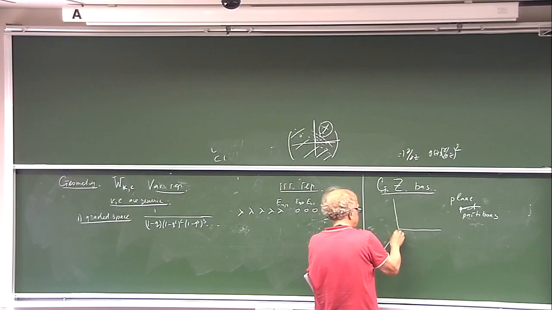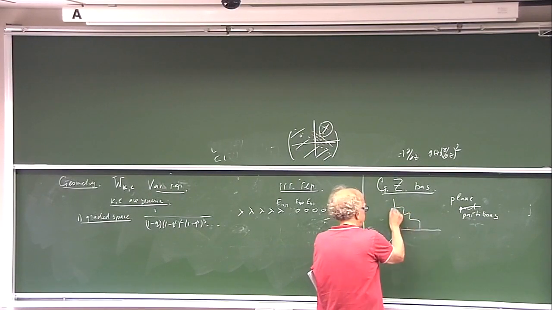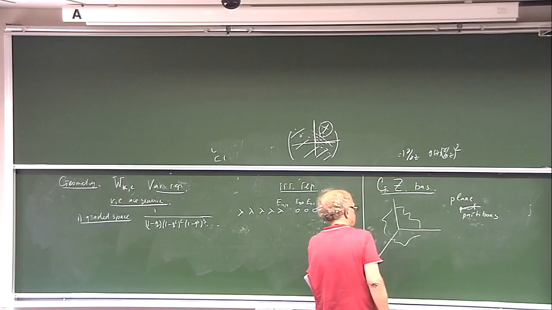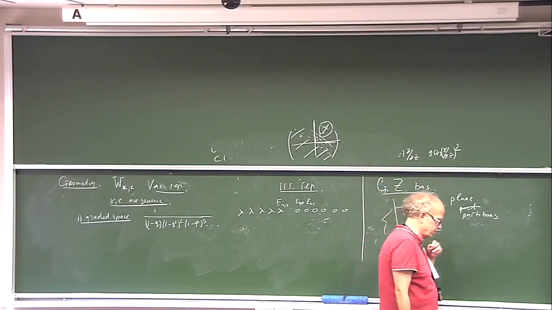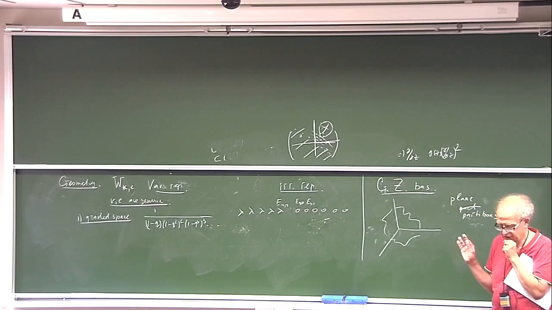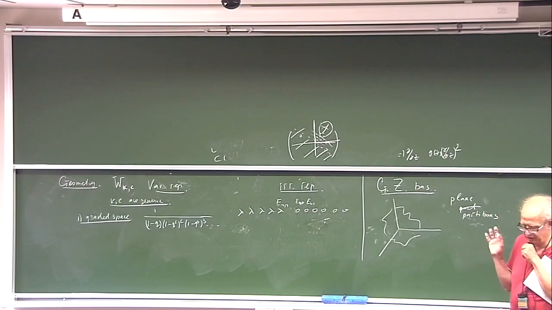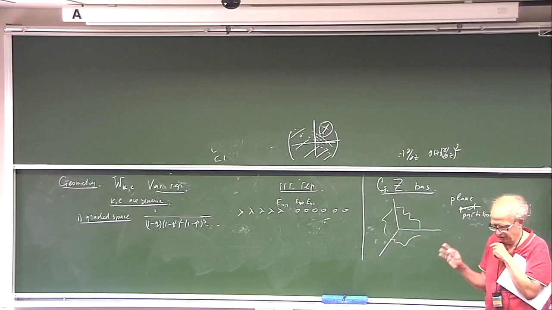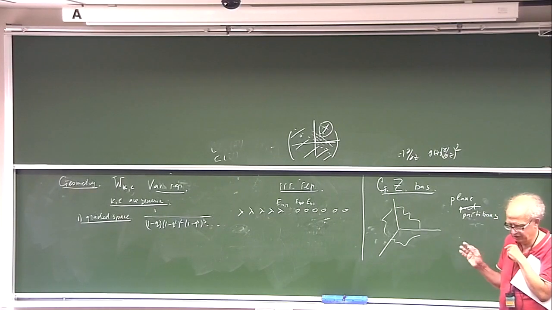So plane partition, we put some boxes here, here, and here, and so on, and they are some parameterization of a basis in this space. The point is that this basis can be determined in terms of this J infinity or in terms of differential operators, and so it is fine.